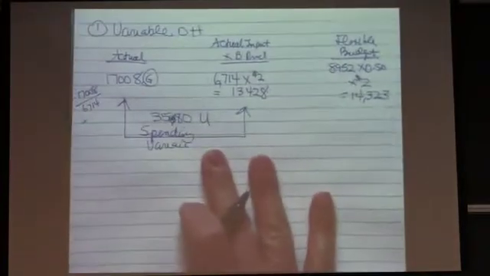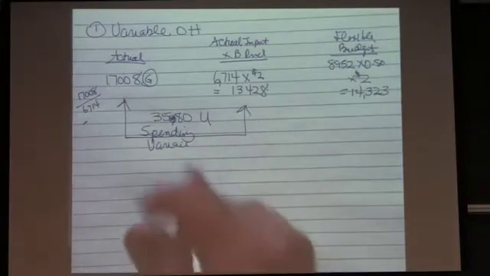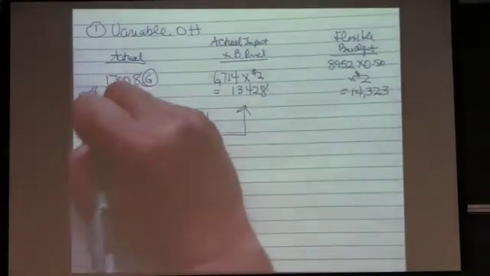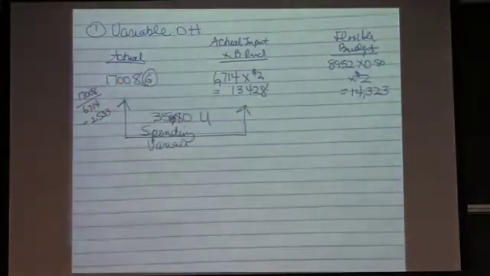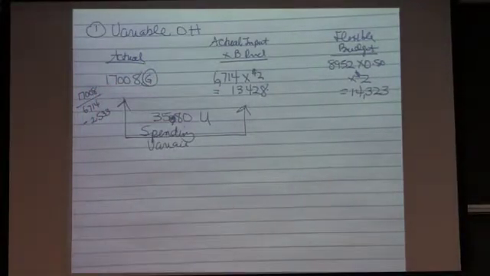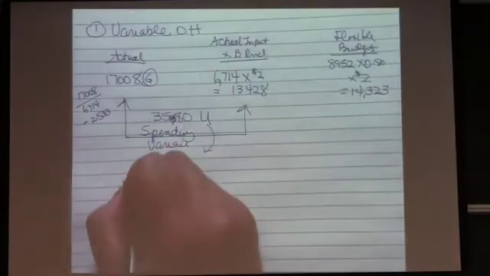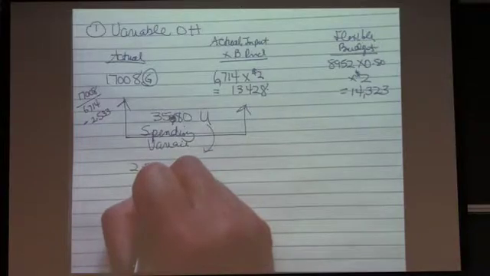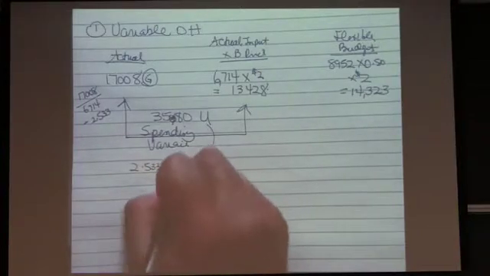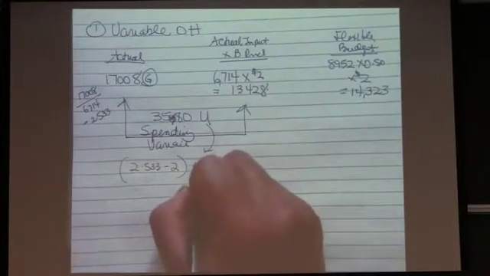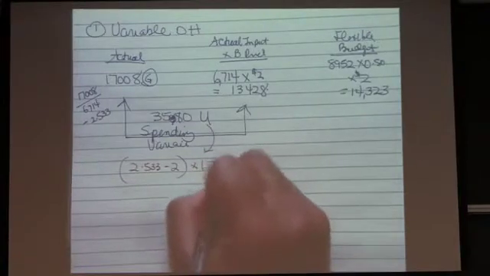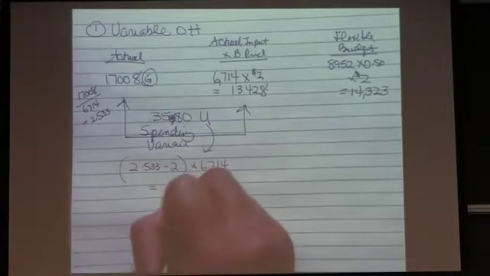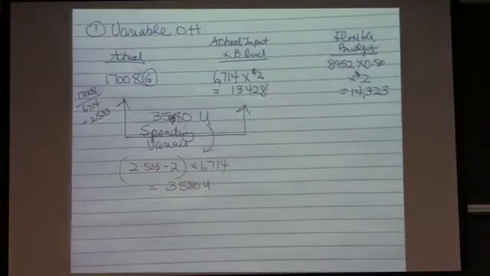That gives me a rate of $2.533 per variable overhead hour. So the spending variance is 2.533, the actual rate, minus 2, times 6,714. This gives us 3,580 unfavorable because the actual rate is more.